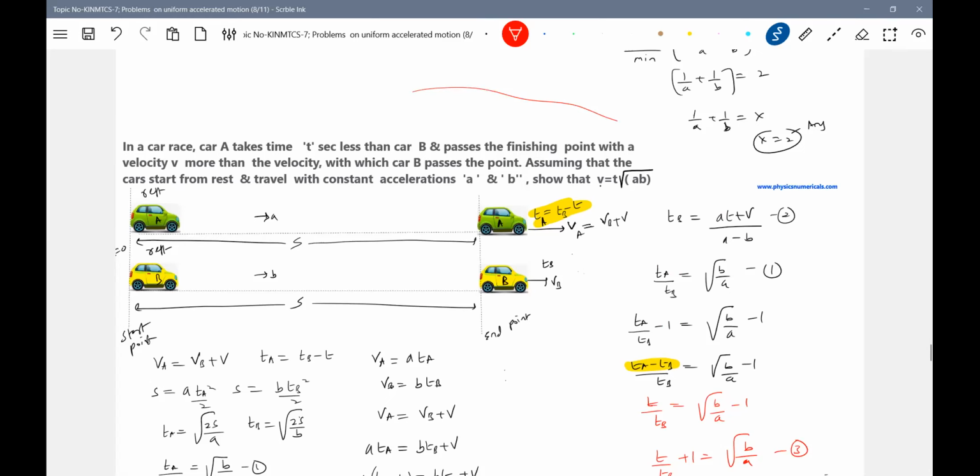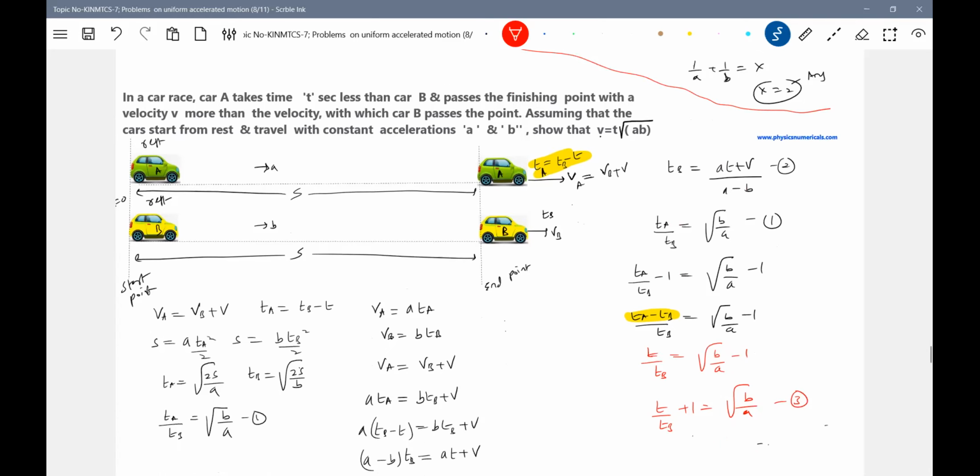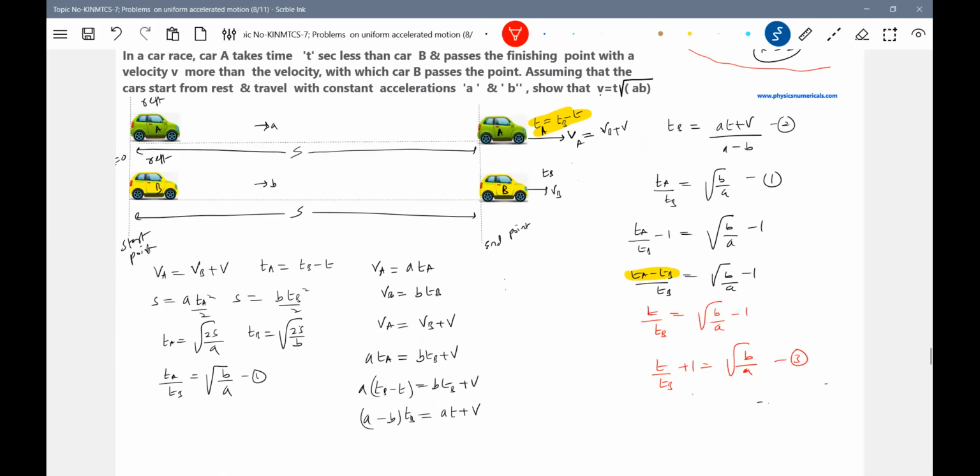Okay, yes, we are getting the space. Now TB value we know, so put 2 in 3. I have to substitute here. TA minus TB will be minus T, no?